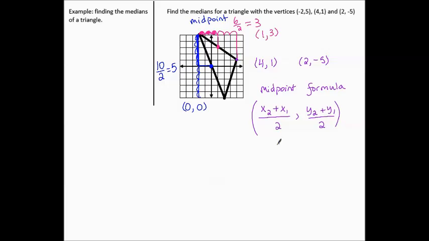So we'll combine our x terms and take the average to get our x-coordinate, and then combine our y terms and divide by 2 to get our y-coordinate.